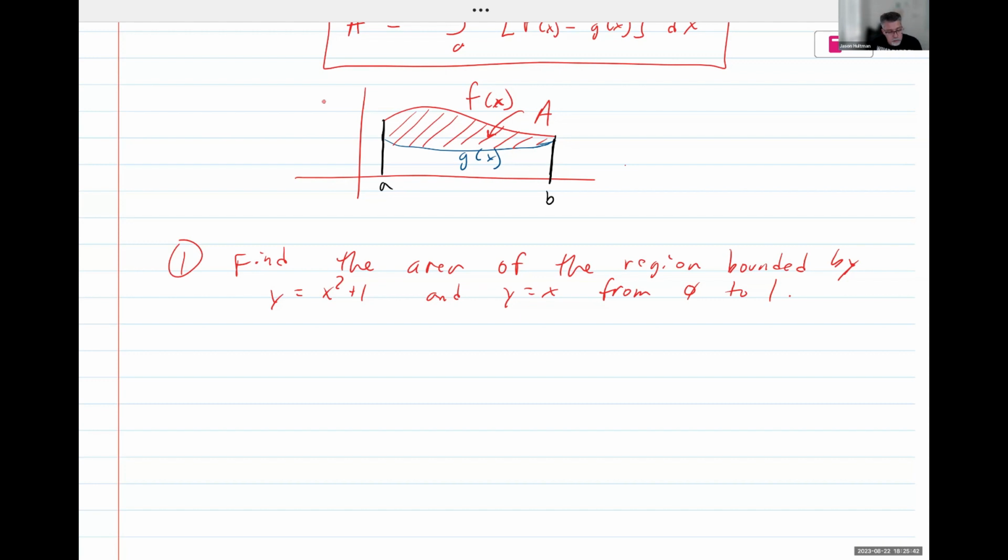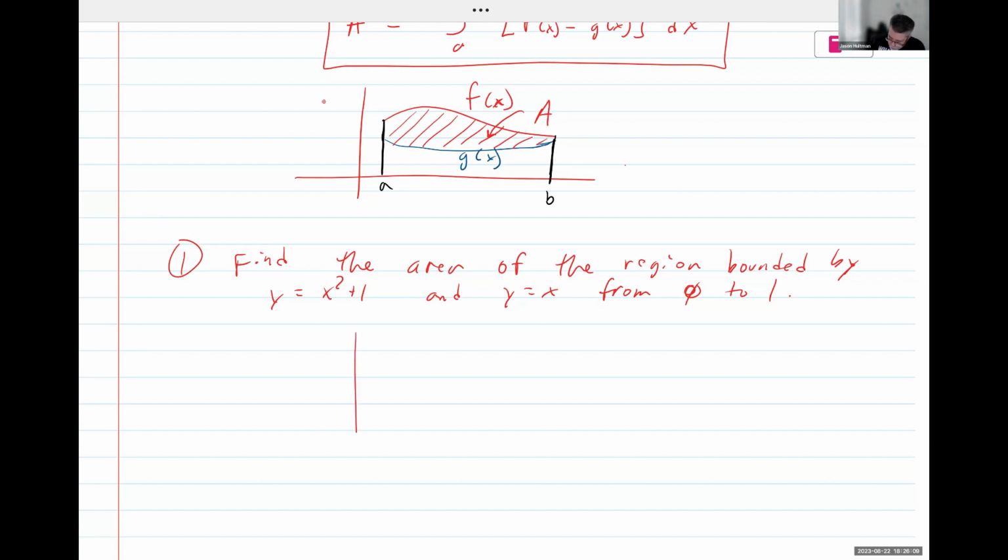First we need to see, okay, which one's on top. We can either do this algebraically or we can do it graphically. But we're looking at 0 to 1, right?